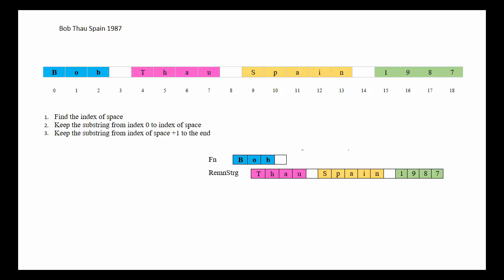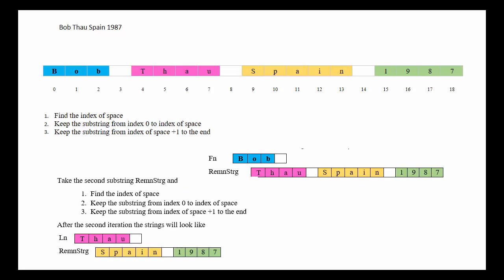Then we take the remaining string and we repeat the process. We find the index of the space after the Thor, we keep that substring, Thor space, and also we keep the remaining string, which is Spain up to the end. And we can visualize those 2 substrings as ln and remaining string as well.